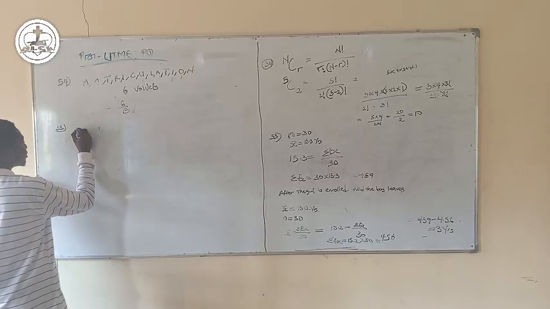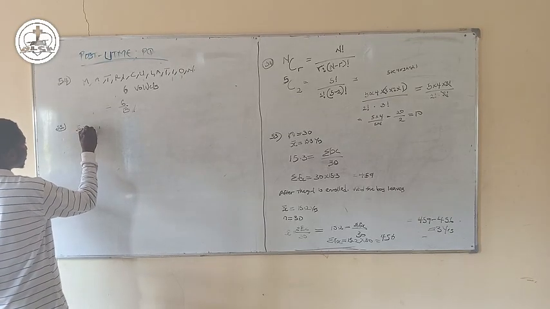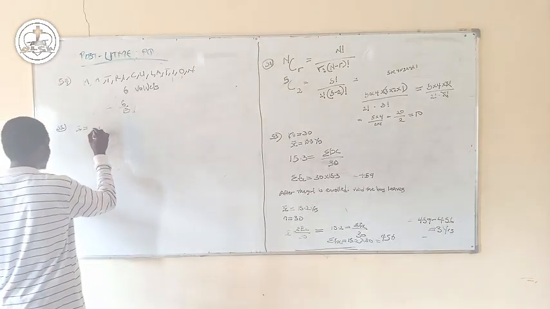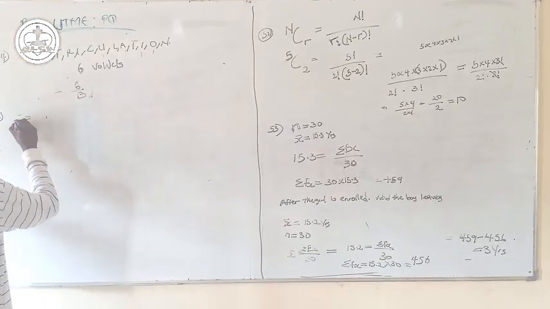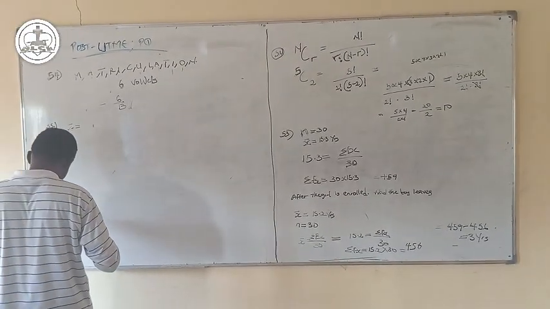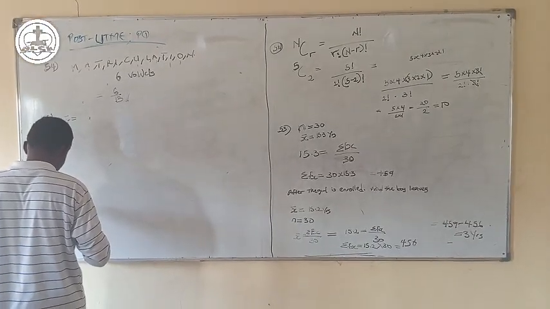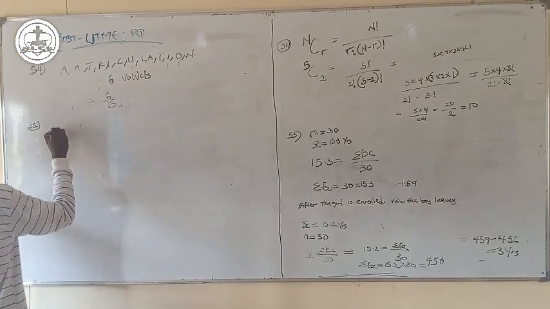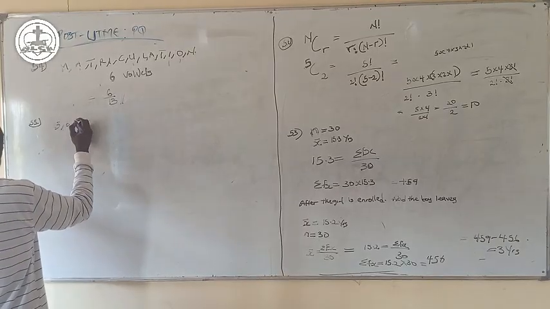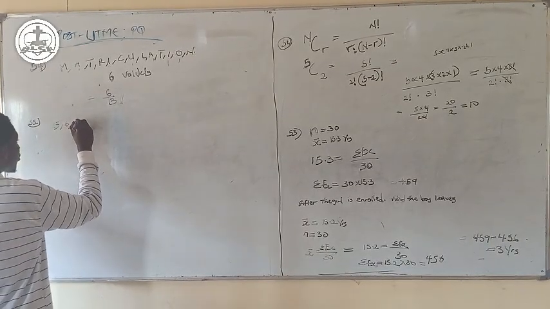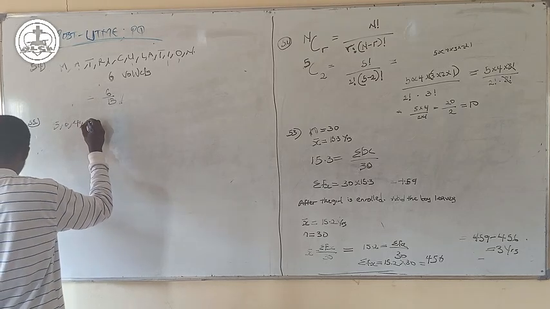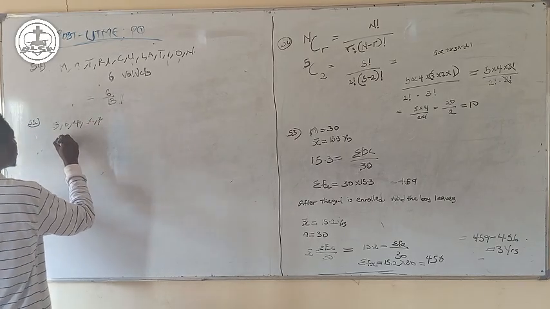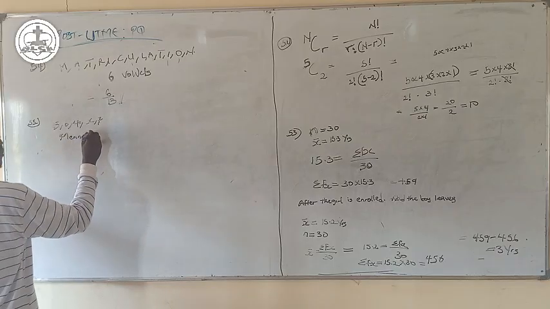So we're given that the mean of all these numbers, 3, 6, 4, x and 7, is equal to 5.